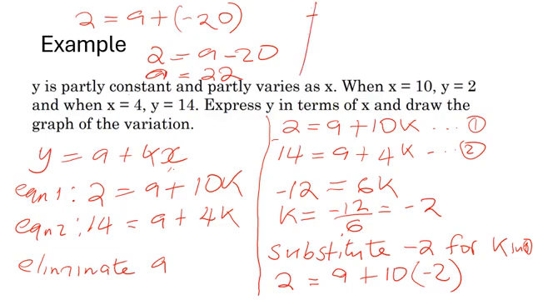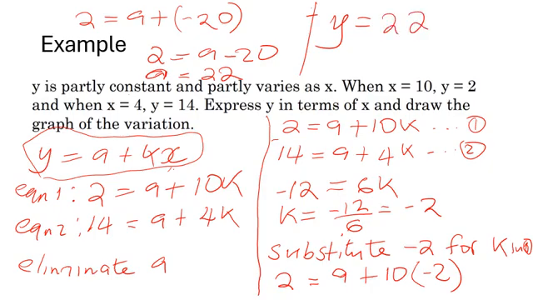now the relationship, our equation, will be y is equal to a. We know a is what? a is 22. k we know it's negative 2, so where there's k we put negative 2, so minus 2x.